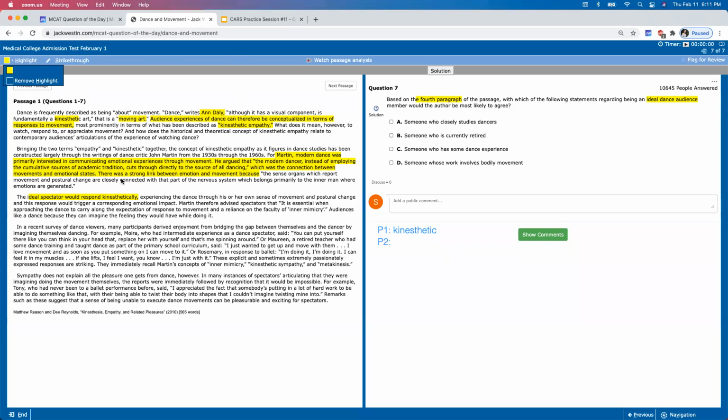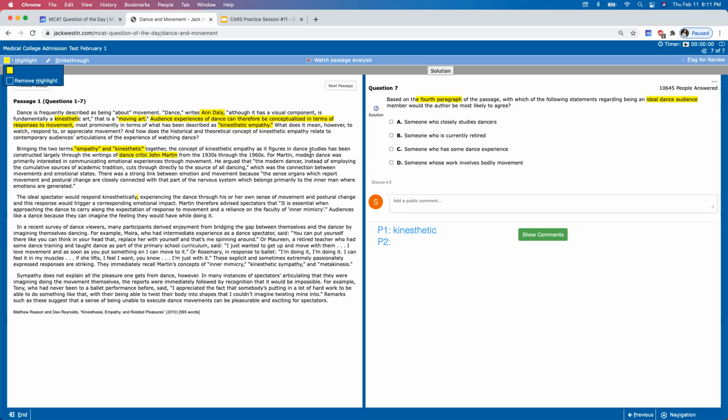Okay. Moving on, paragraph 2. Oh, I thought I unhighlighted everything. Okay, paragraph 2, what did you guys highlight? So we have these two terms. And we have the dance critic, John Martin, that was asked about in one of the questions.